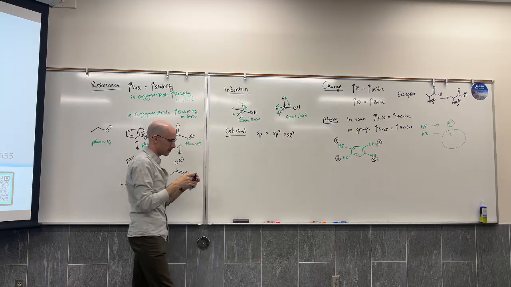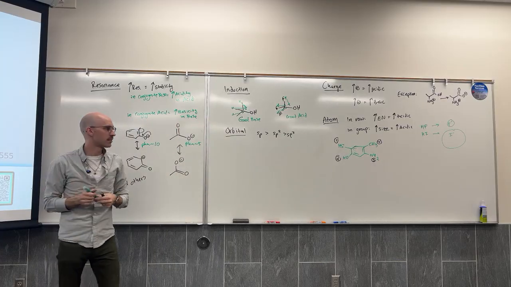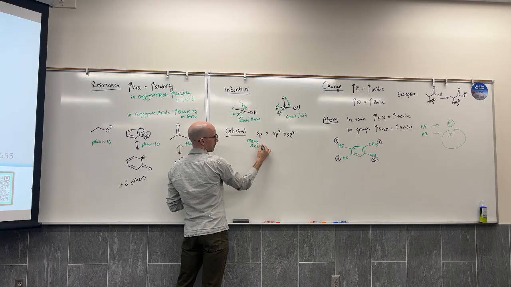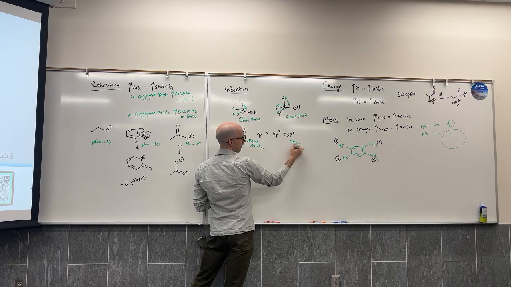All right, the last one is how the orbital comes into effect. More s character is more acidic.